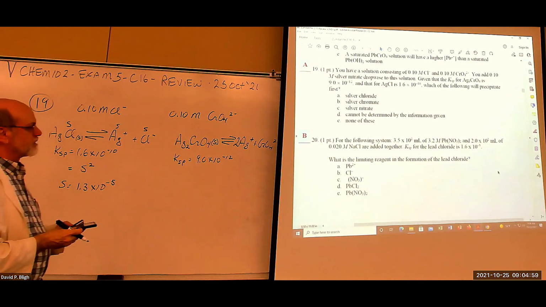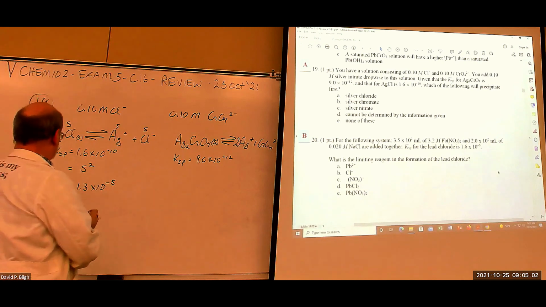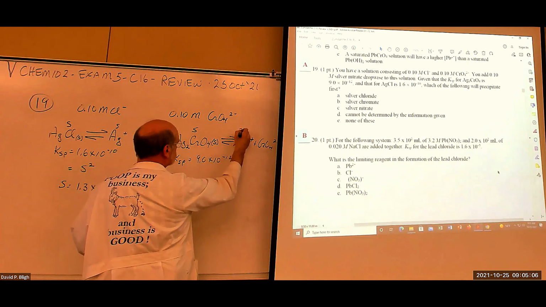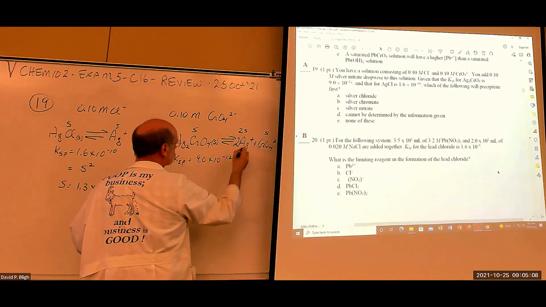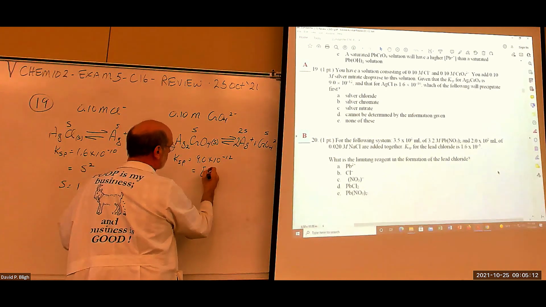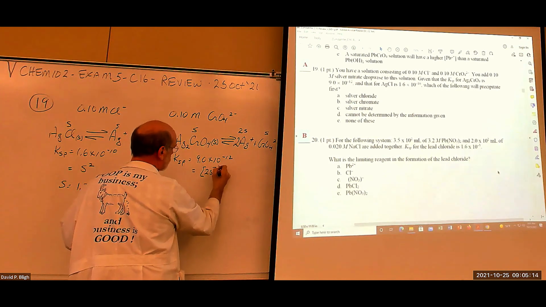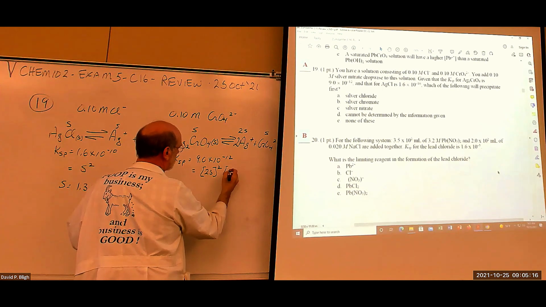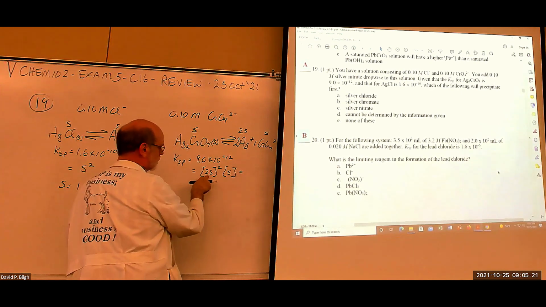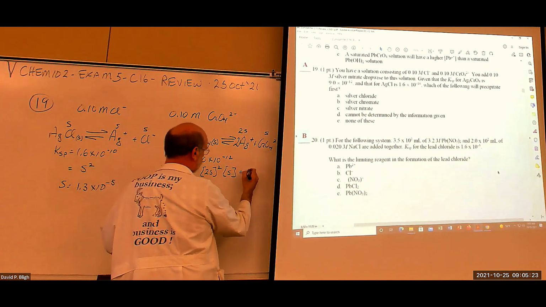Okay. And for this one, this is 2S, and this would be S. So this would be equal to 2S squared and S, which would be equal to 4S to the third.